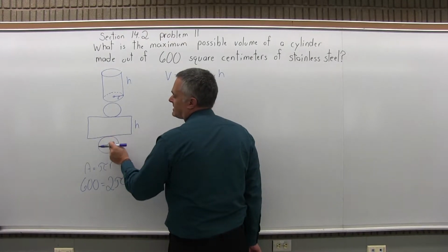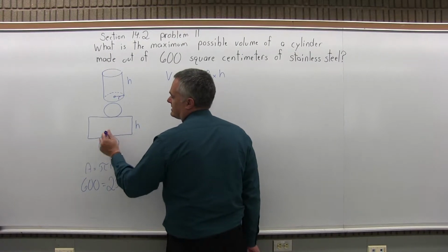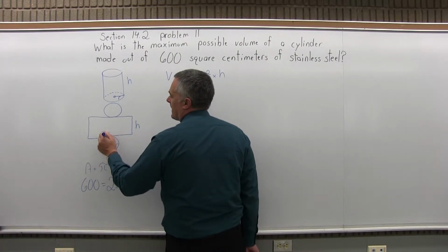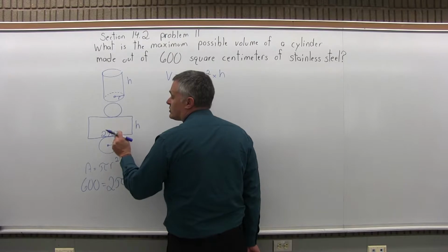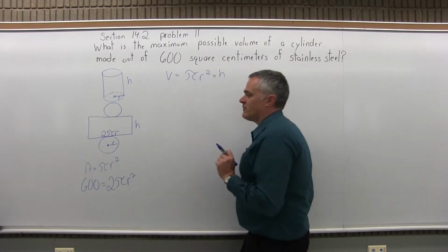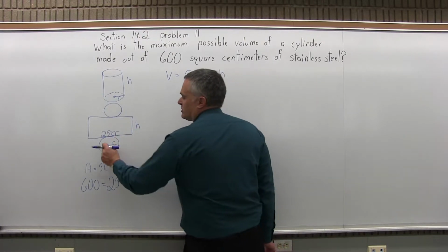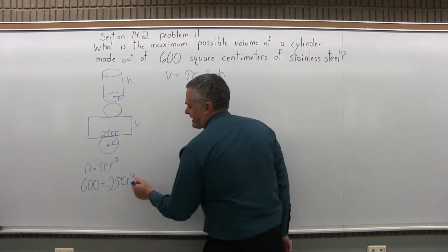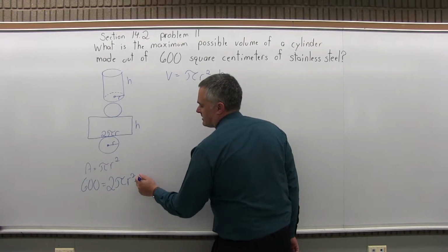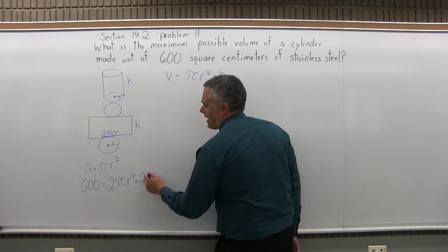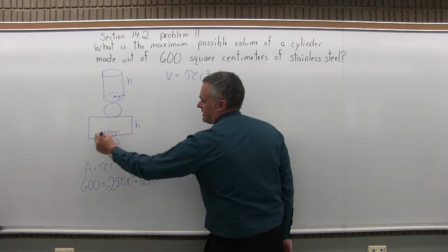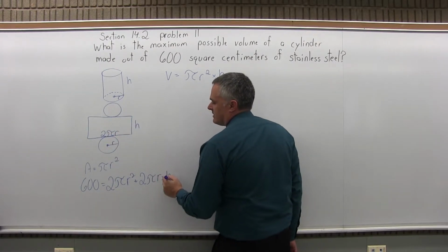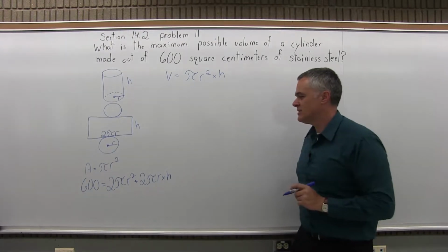It's pi times the diameter, or pi times 2 of the radiuses. So it's 2 pi r, not squared, just pi r to the first power. So I have you two circles, top and bottom, plus the rectangle, which is 2 pi r, that's the base, times the height, which is h.